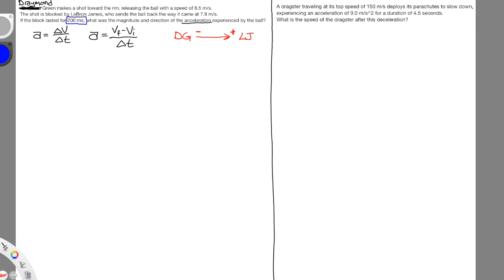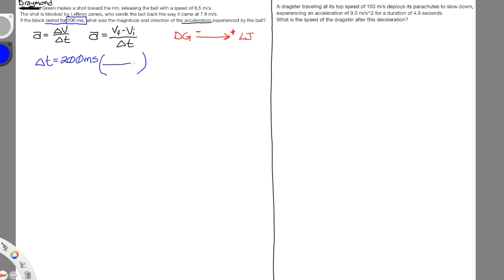First, let's do an easy one. 200 milliseconds. The problem says that the block lasted for 200 milliseconds. That and the fact that milliseconds is a unit of time should tell you that this is delta t. But millisecond should raise some red flags because that is not the SI unit of time here.